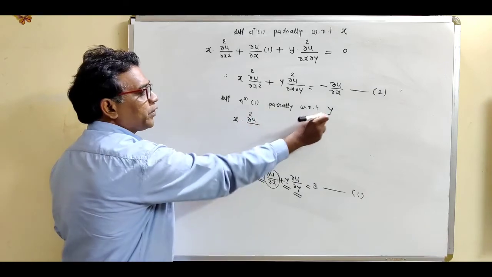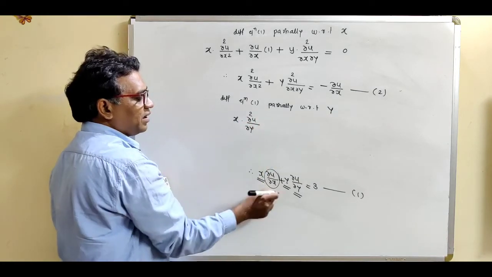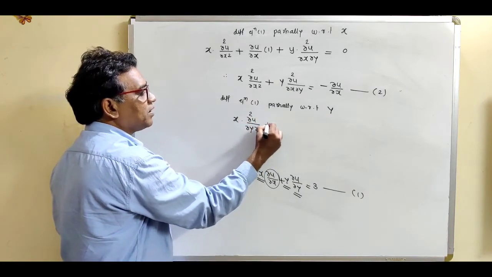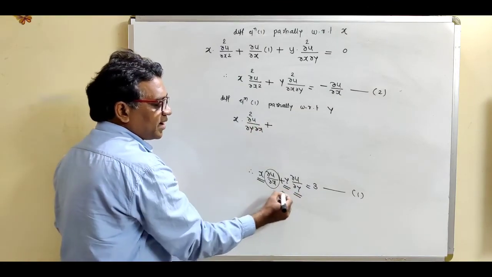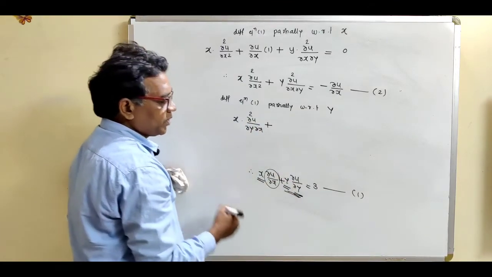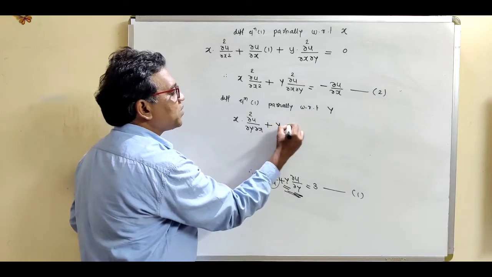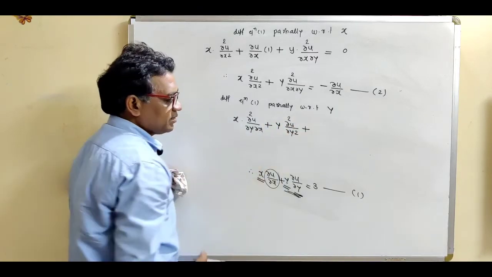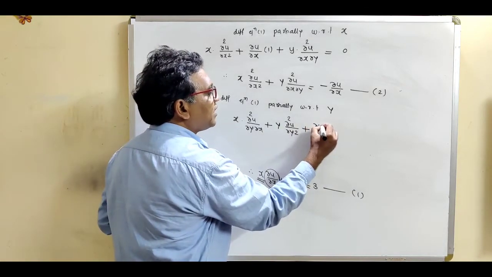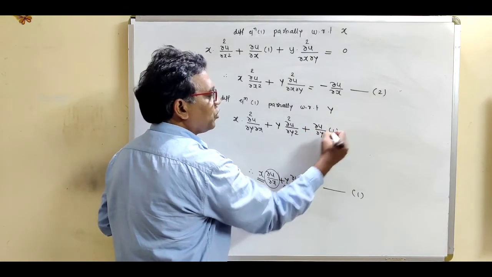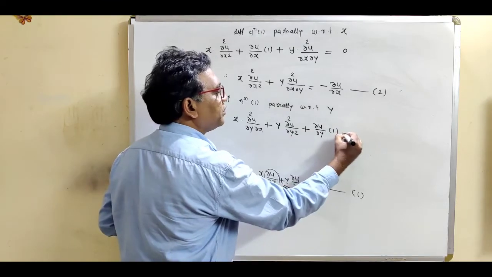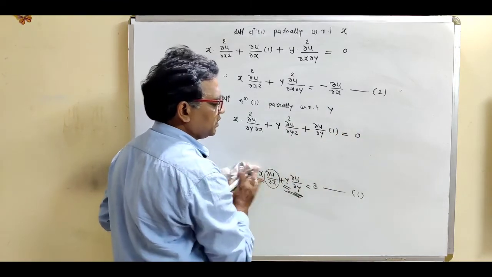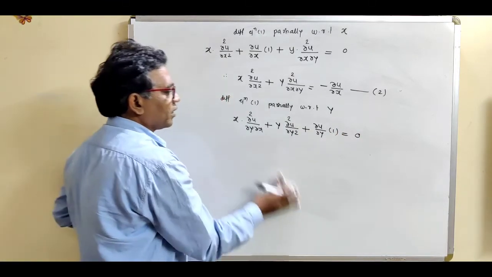Partial derivative with respect to y will be, first of all write this del y, then write this del x, plus, now for this second term we have to use the product formula. First term as it is, y into derivative of second term, it is del square u by del y square, plus second term as it is, del u by del y into derivative of first term, it is 1, is equal to derivative of constant number 3, it is 0.